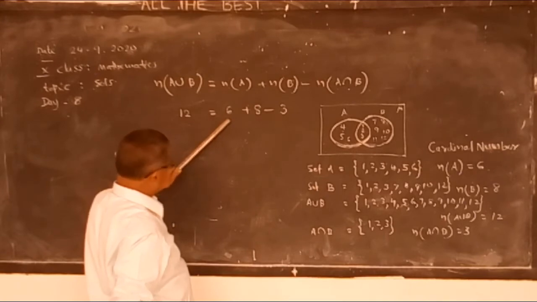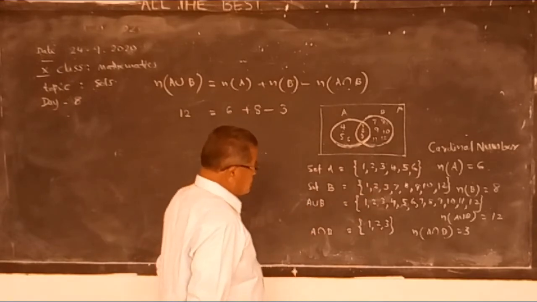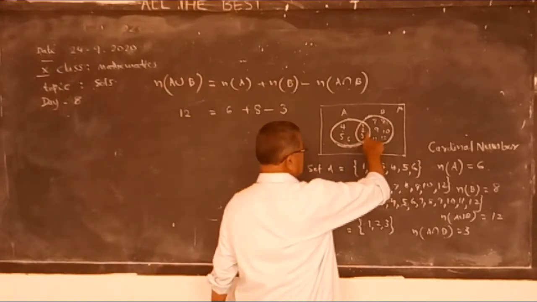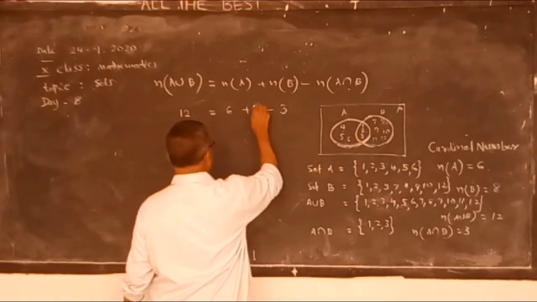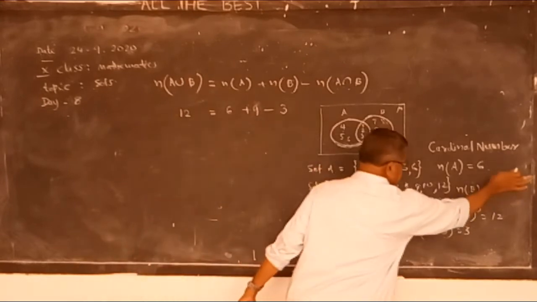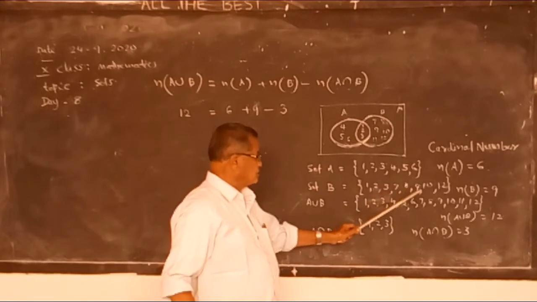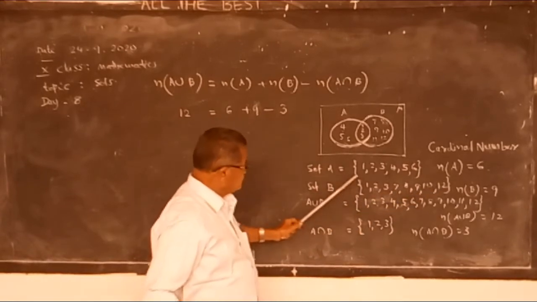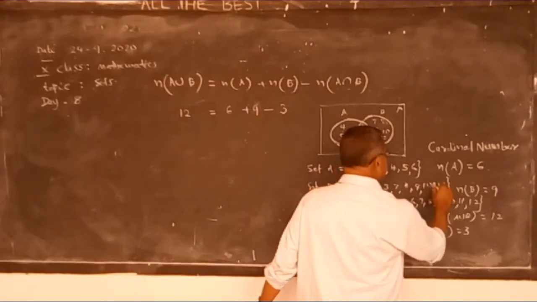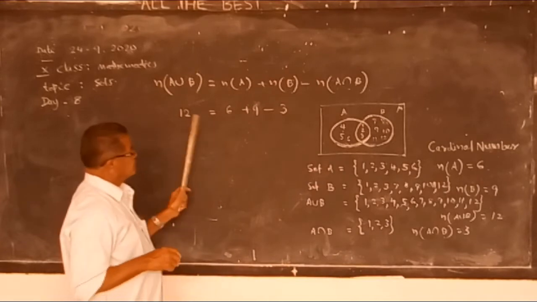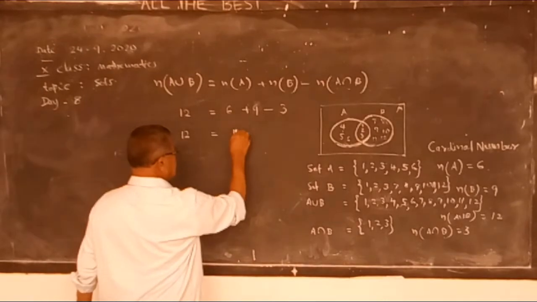So 6 plus 8 is 14... See, 12 is equal to 15 minus 3, 12.